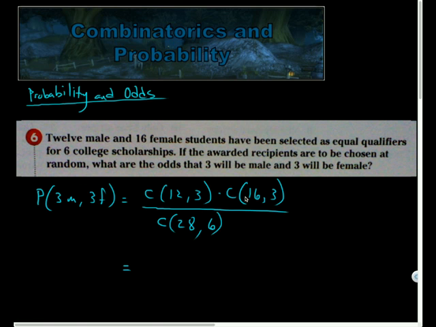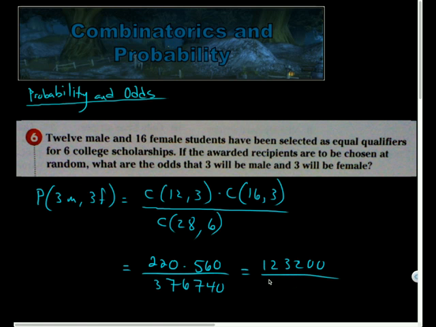So let's see, 12 combo 3 is 220. 16 combo 3 is 560, and 28 combo 6 is much larger. And let's see, 220 times 560 is 123,200 over 376,740.